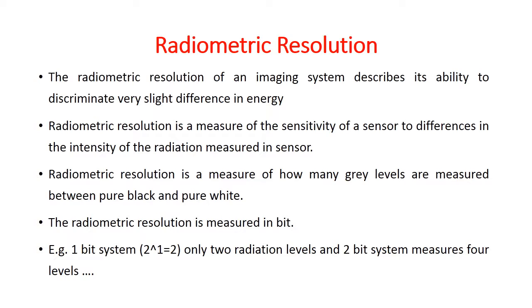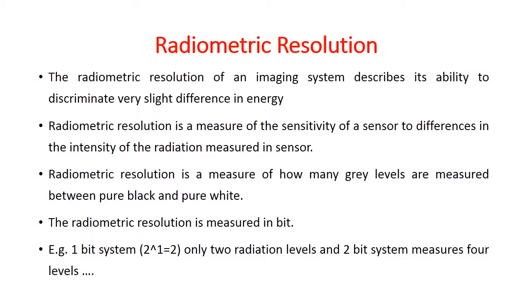Radiometric resolution is a measure of the sensitivity of a sensor to a difference in the intensity of the radiation measured. It is a measure of how many gray levels are measured between pure black and pure white. The radiometric resolution is measured in bits.